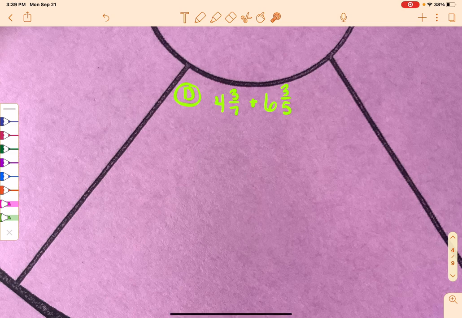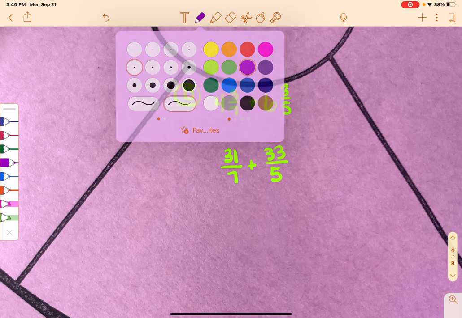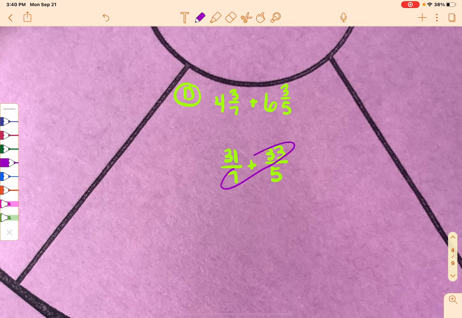Plus the 3 on top is 31. So it's 31 over 7. 5 times 6 is 30. Plus 3 is 33.